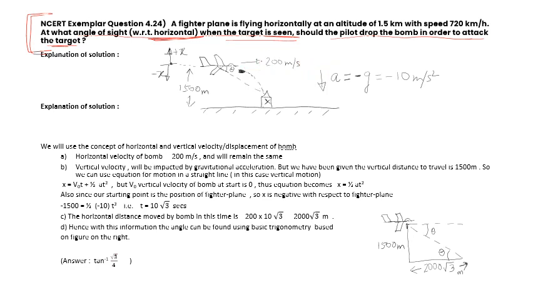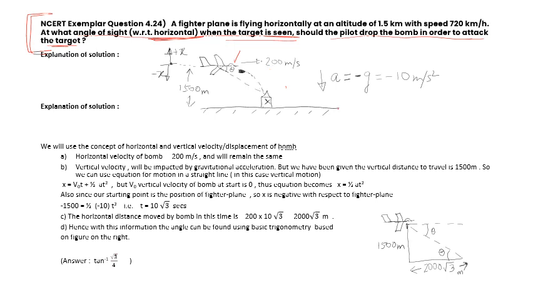The pilot drops the bomb at this point, and what will happen to the bomb? It has to travel a distance of 1.5 kilometers or 1500 meters, and we need to find the time in which this distance will be traveled. First, let's find out the time.